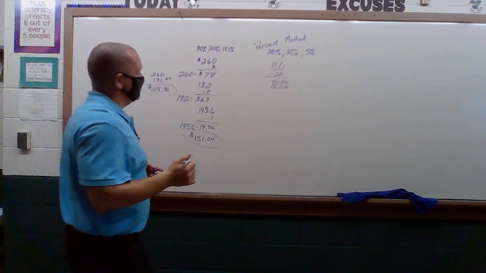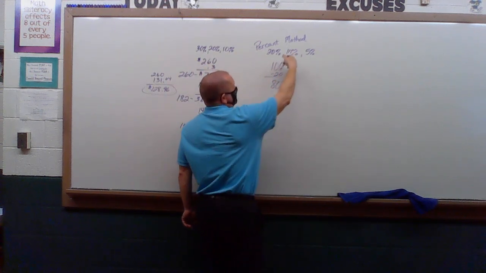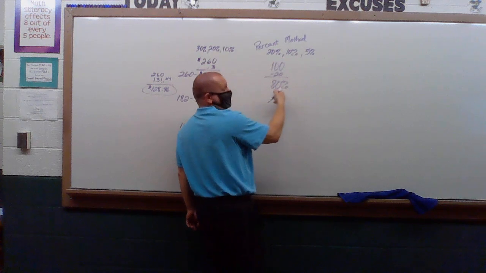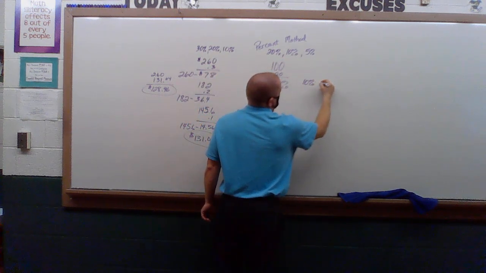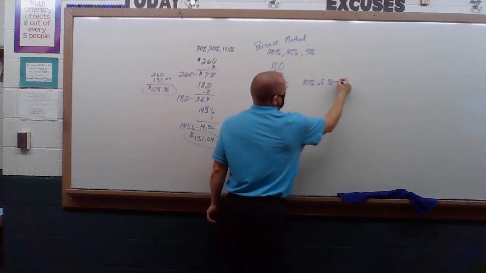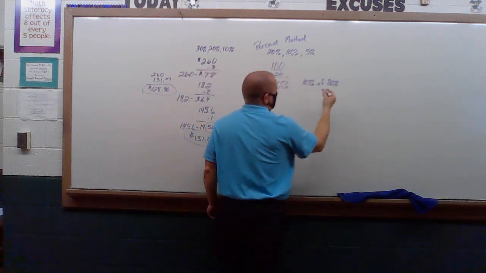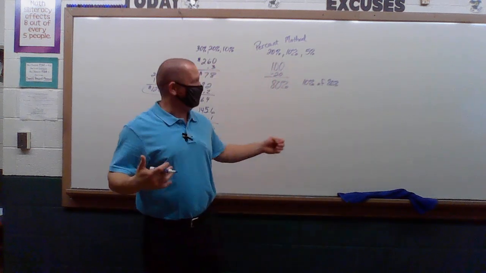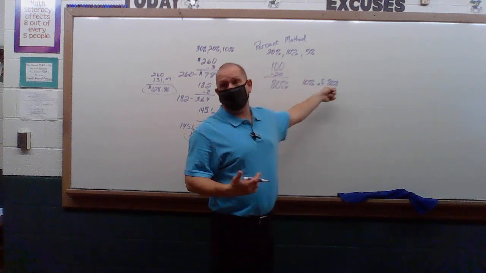Easy enough? Okay. Now, the next one in line, I'm going to take 10% of whatever's left over. So again, I'm going to take 10% of whatever was left over, 80%. So essentially, if I want to take 10% of 80%, don't think of it as 80% necessarily, just think of it as what's 10% of 80.